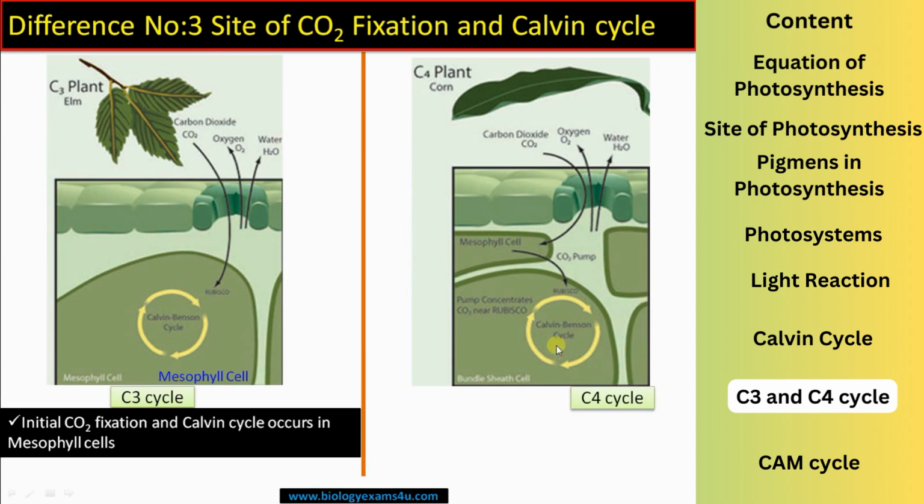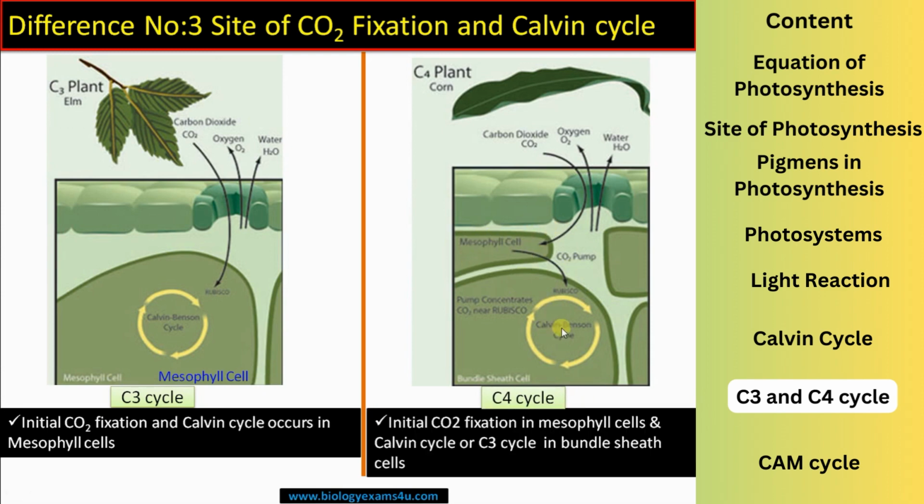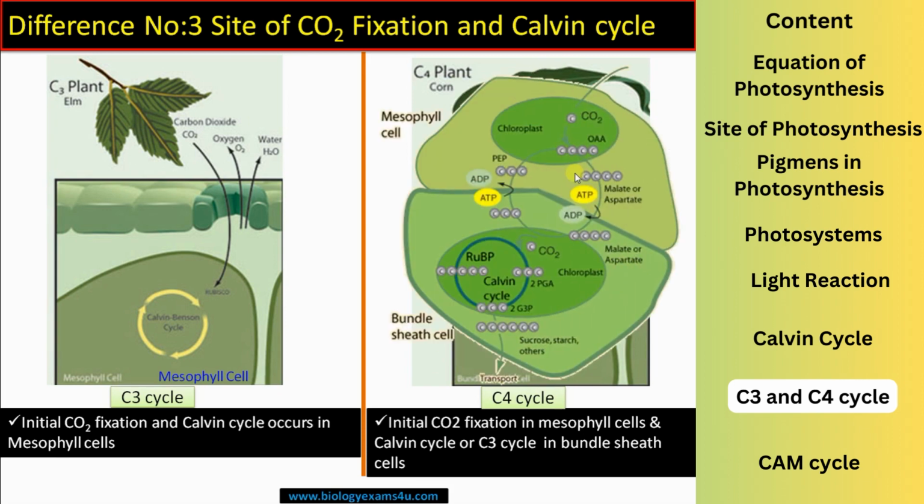Whereas in the C4 cycle, the initial carbon dioxide fixation takes place in the mesophyll cells. Later it is transported into the bundle sheath cell where the Calvin cycle occurs. Therefore, initial carbon dioxide fixation and Calvin cycle are separated in space at 2 locations. This picture will tell you the details.